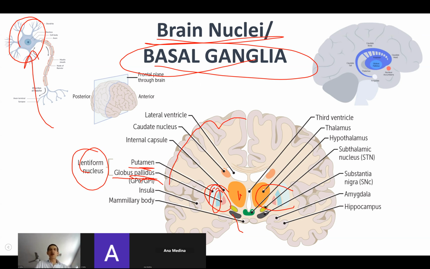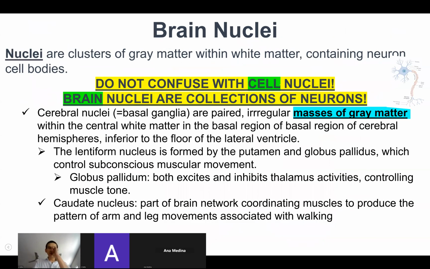So we're talking about the same gray matter: non-myelinated areas of the neurons, no masses of myelin. Masses of myelin equal white matter, the tracts. So nuclei are clusters of gray matter within white matter.